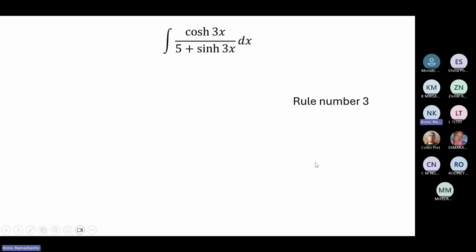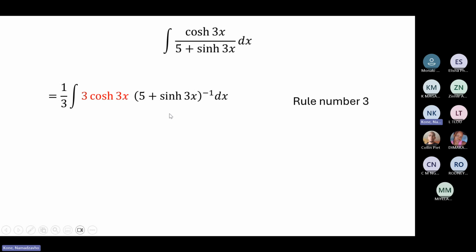Rule number 3 will tell you that when you've got an f of x underneath, and if you can have its derivative sitting there on top, then the answer will be ln of the one at the bottom. And you make that happen. You take that 5 plus sin 3x, this one, power minus 1. That is that restriction that was there, if you remember, when we were doing the general power rule, that when n is minus 1, it becomes ln of that.